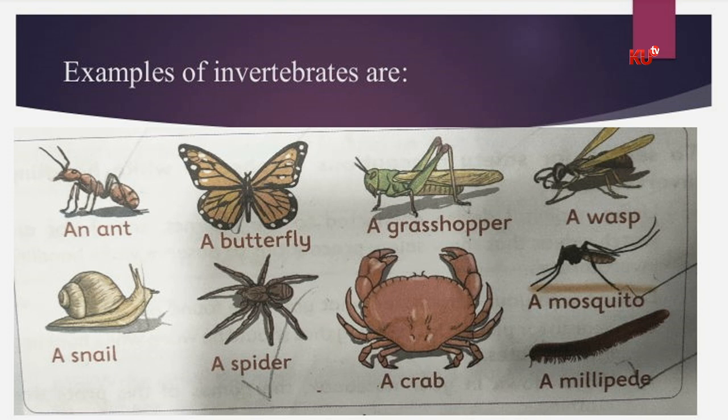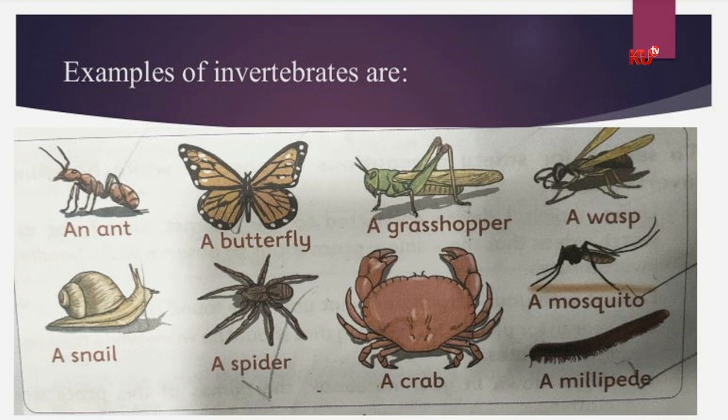Apart from the mosquito, we also have a millipede. A millipede is also an invertebrate because similarly, it does not have a backbone. We have a crab, followed by a spider, and then a snail. These are examples of invertebrates. I've not mentioned all of them.